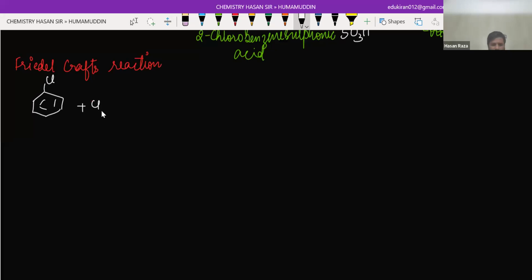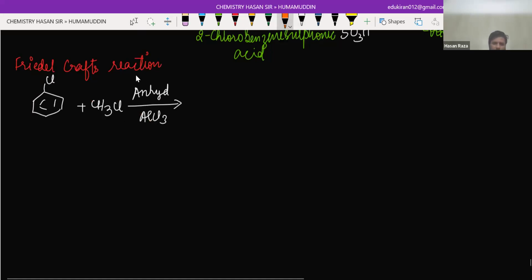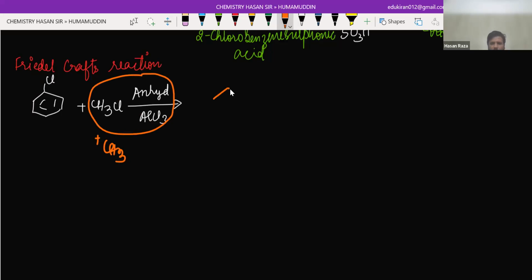If you react this with chloromethane in the presence of anhydrous AlCl3, you will get an electrophile, that is CH3 plus. This CH3 plus will be added at ortho. Just write it.